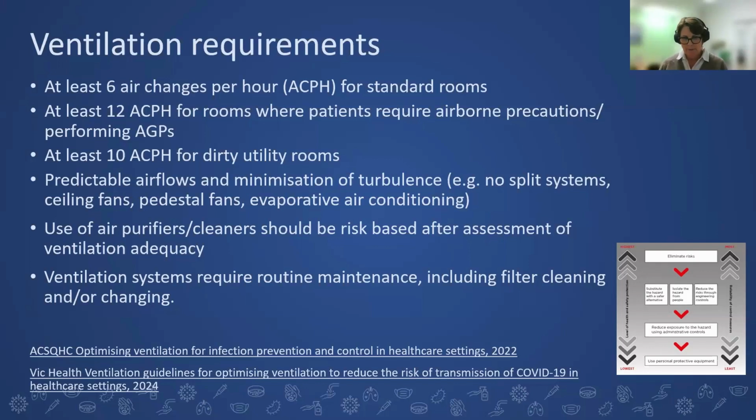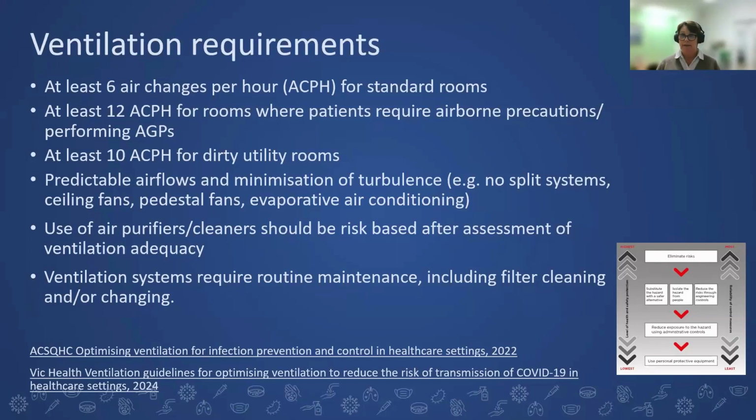Just a little bit about air changes. How we calculate that is we determine the height, length and width of a room in meters, and calculate the volume of the room: height times length times width. Then we determine the volumetric flow rate.